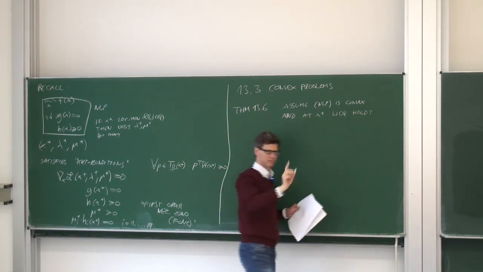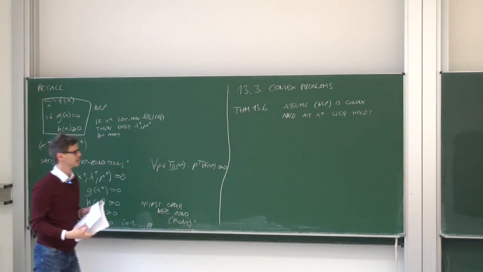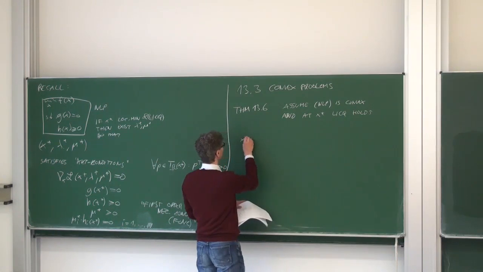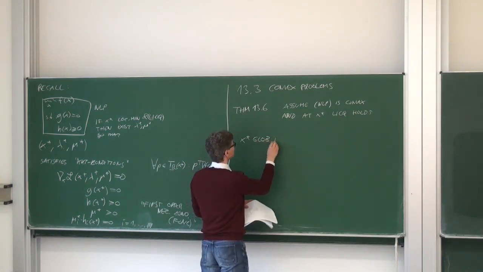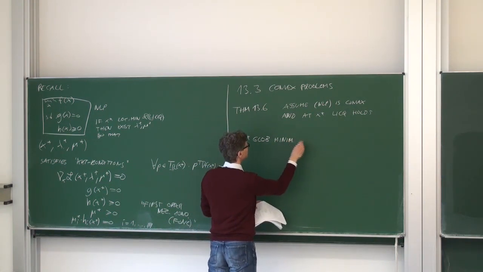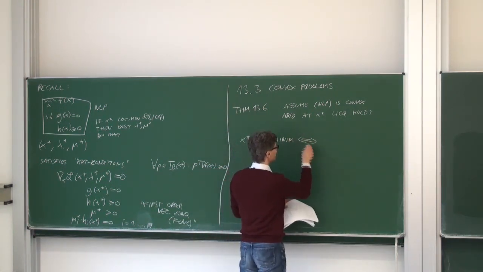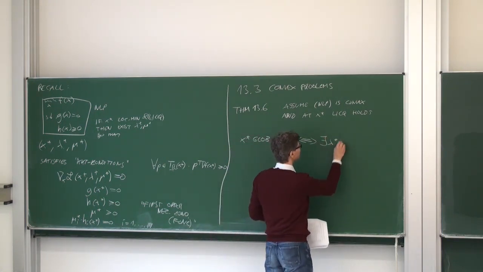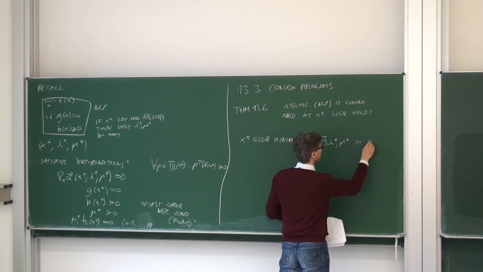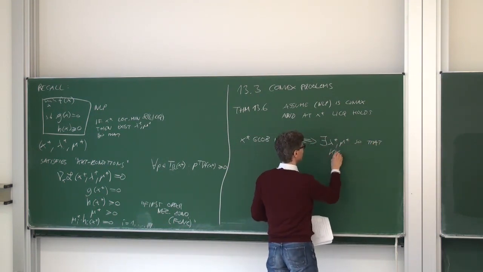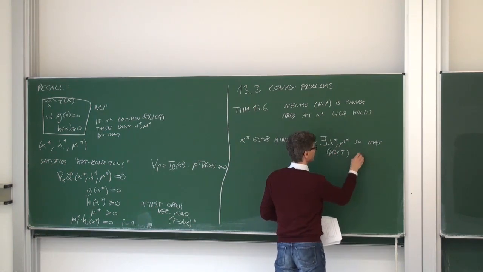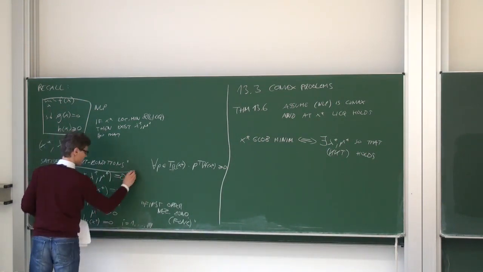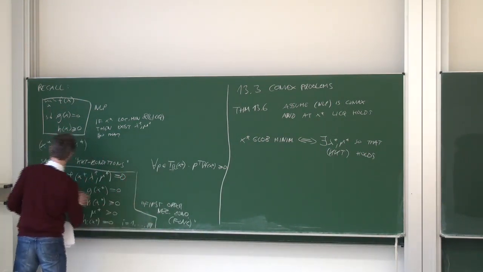So we have a candidate point which satisfies LICQ, because then there are two conditions which are equivalent. x star is a global minimizer, and that is equivalent to the KKT conditions holding. So there exist lambda star and mu star so that KKT holds. And these things together is what I call KKT.